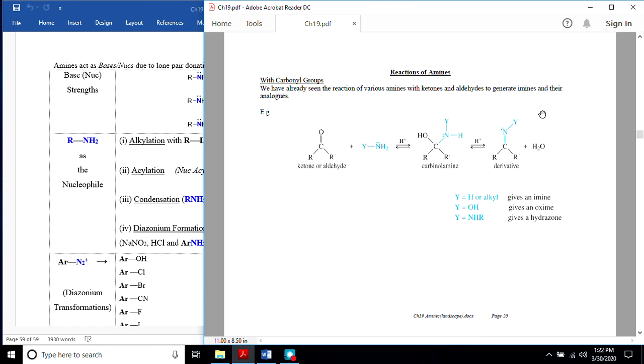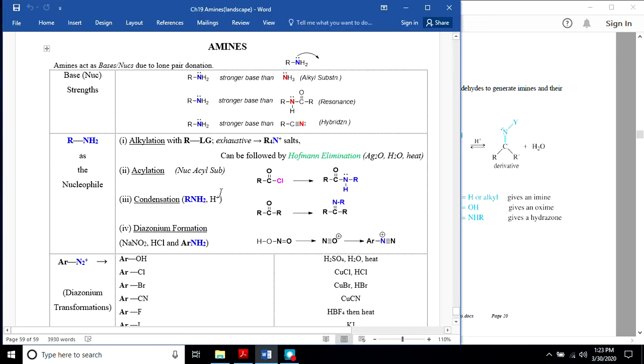And as you saw in the previous chapter, depending on substituent Y, you get different versions of these carbon-nitrogen double bonded products. So condensation to produce an imine, first step nucleophilic attack, second step acid catalyzed dehydration. So that's one of our reactions of amines. Only 4, that's number 3, which is a condensation reaction.